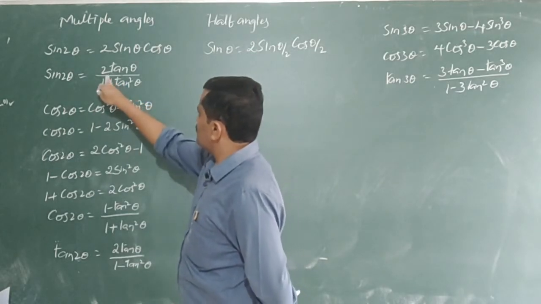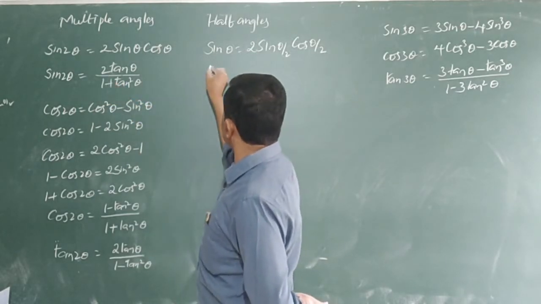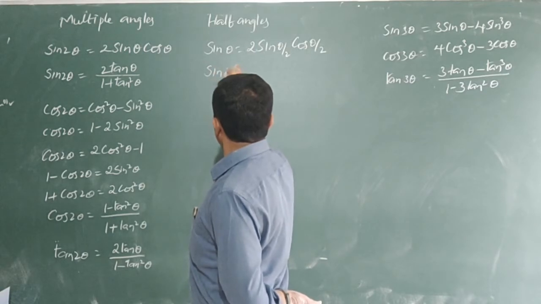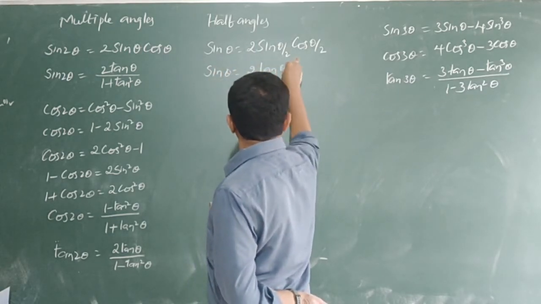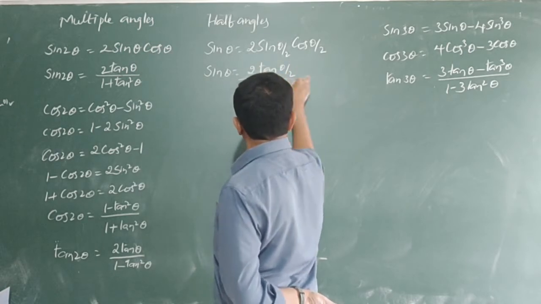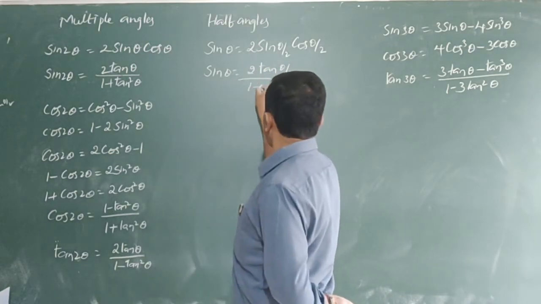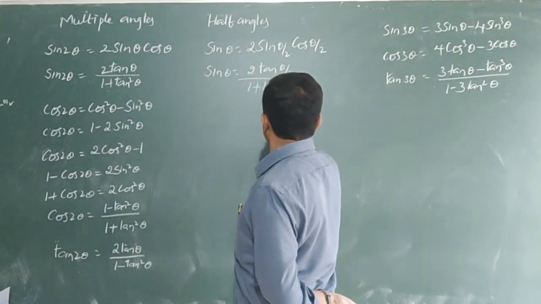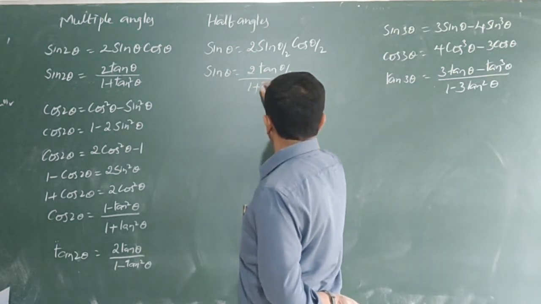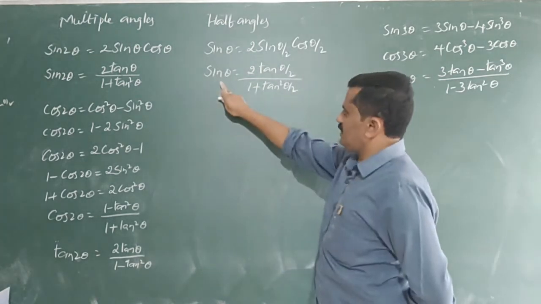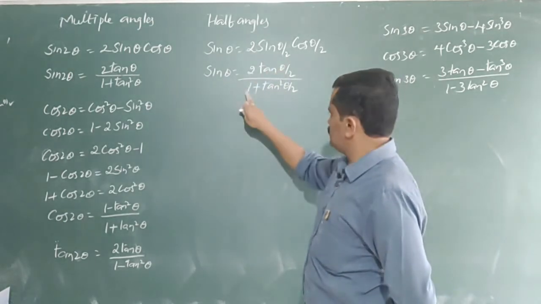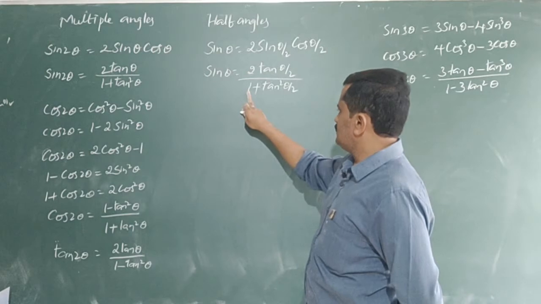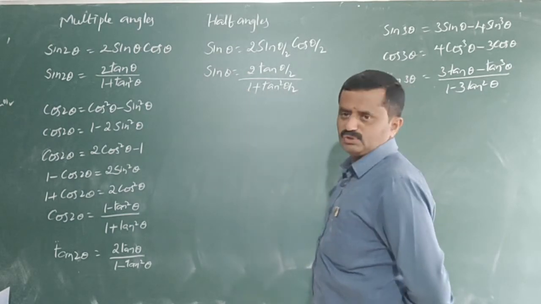Then how to express this in terms of half angles? Sin theta is equal to 2 tan theta by 2 whole divided by 1 plus tan square theta by 2.